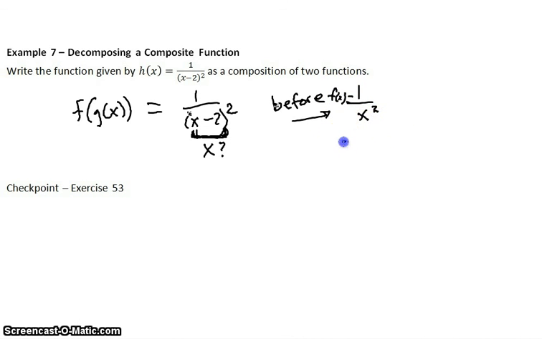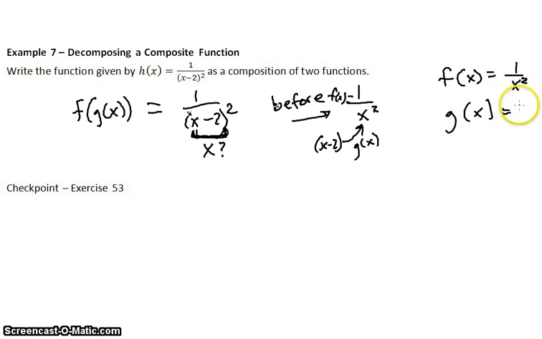Now, what would we have had to plug in for this to make this new function be written like this? Well, instead of x, we replaced that with x minus 2. So our two functions are 1 over x squared and x minus 2. Now this isn't the only set of answers. There could be a lot more different ones.